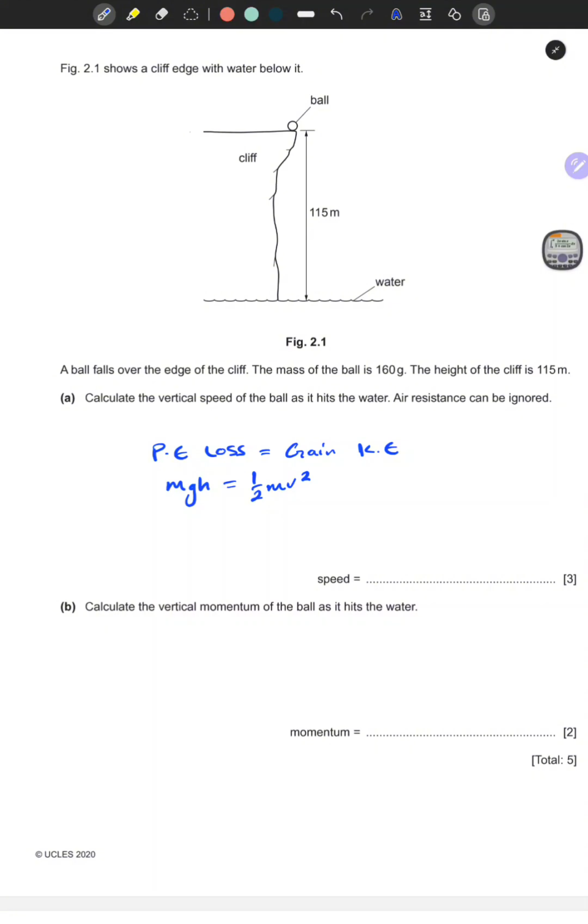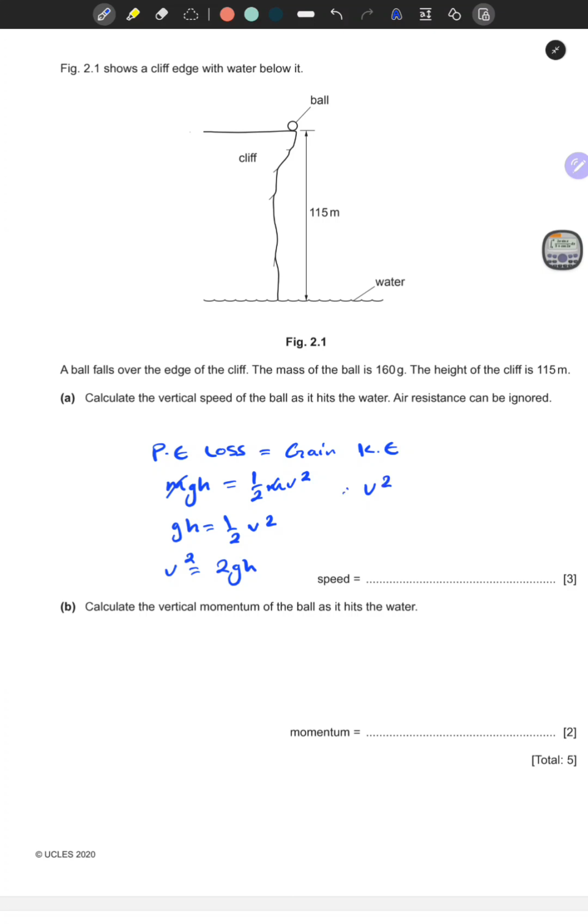Right, so the m cancels out, so I have gh equals half v squared, and I want to find v, which is my speed here. So v squared is equal to 2gh.